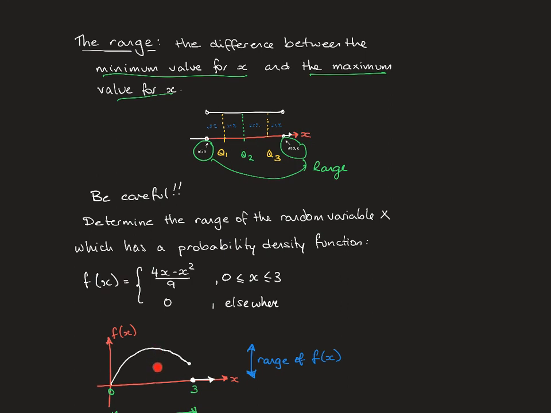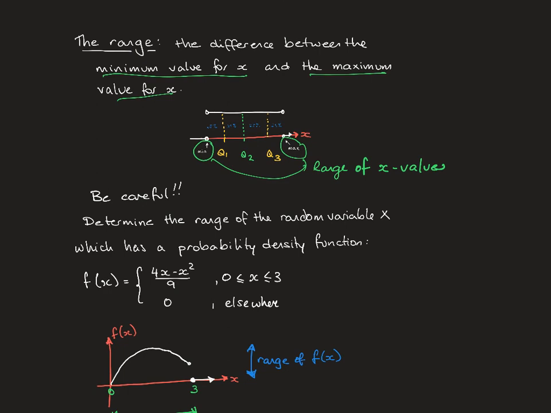Now you can see that what I've got back up here at the top for my probability density function is that the range of the probability density function is the range of x values. So this is the range of x values. It's not the range of f of x.